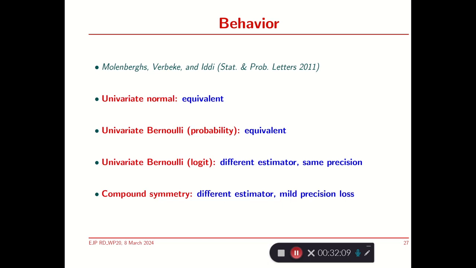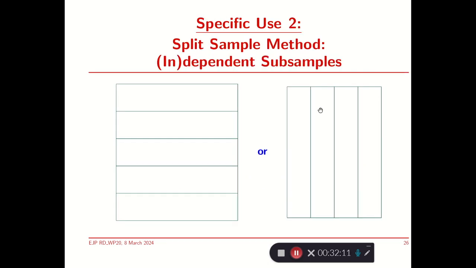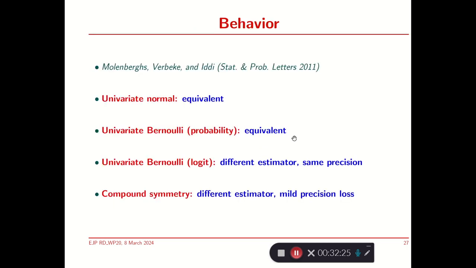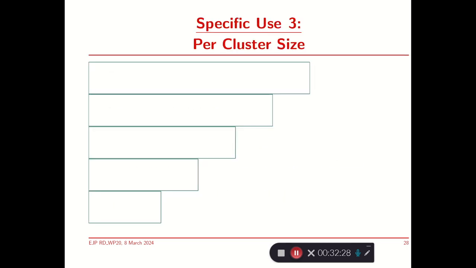For some problems, and a good way to think about it is when I have the repeated measures over time, a small number of subjects, but that are measured enormously long over time, in that case, I lose a little bit of efficiency, but that efficiency loss is usually mild. Okay.